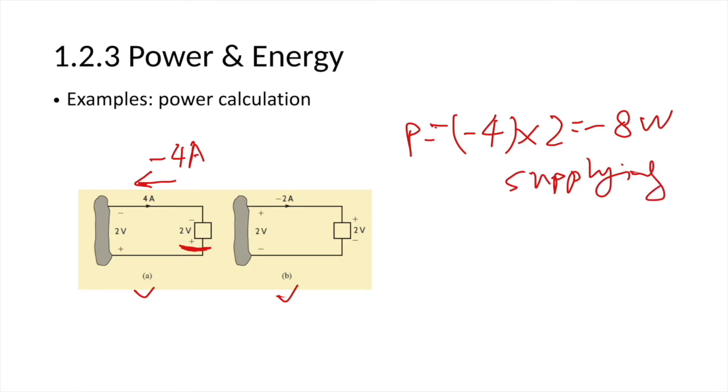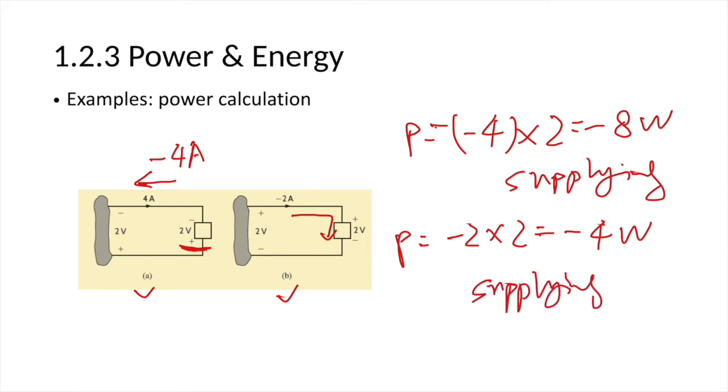The second one matches the passive sign convention. So P equals negative 2 times 2 equals negative 4 watts. So it is also supplying power.